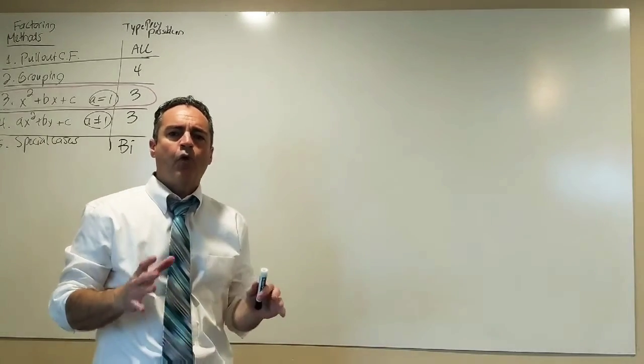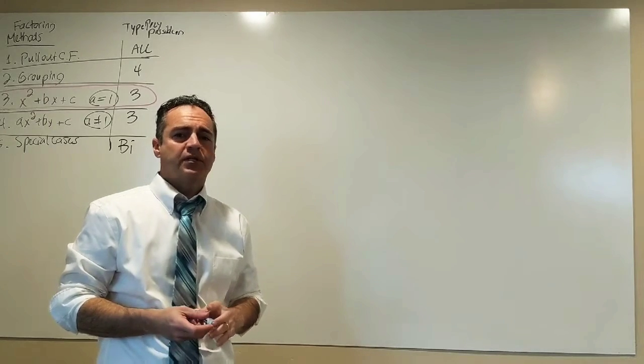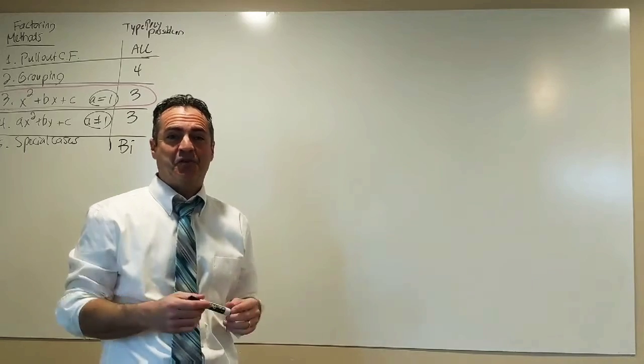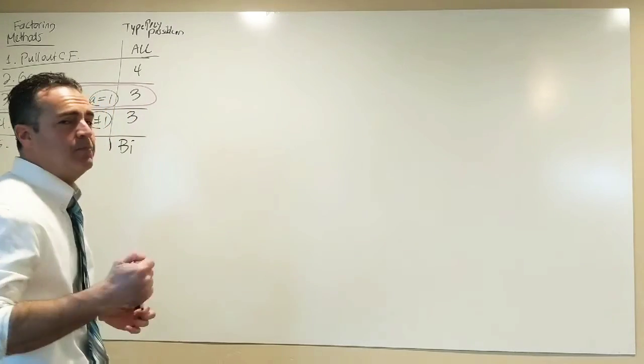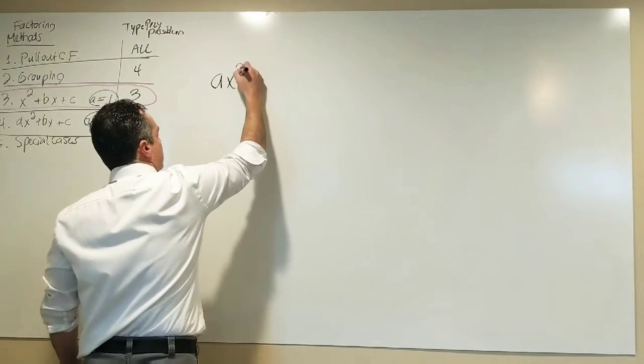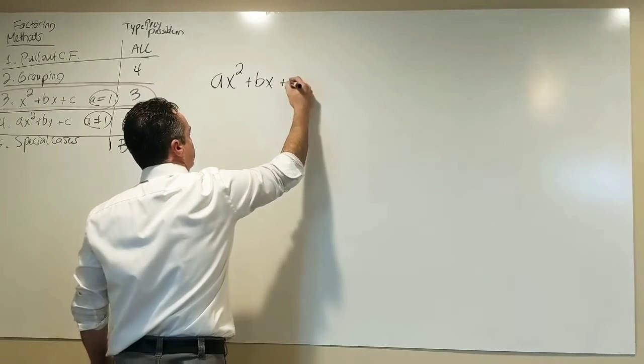Before we teach you this next method, the x squared plus bx plus c method, where a equals 1, I need to teach you about prime numbers. And I also want to teach you about the standard form of a trinomial to degree 2: ax squared plus bx plus c.